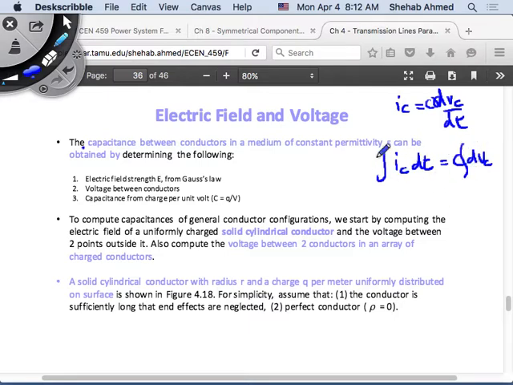I end up with the integration of current, which is charge.